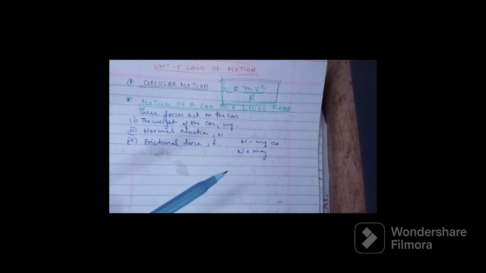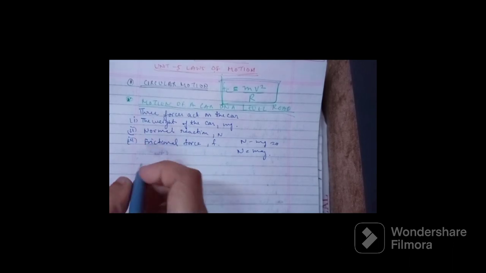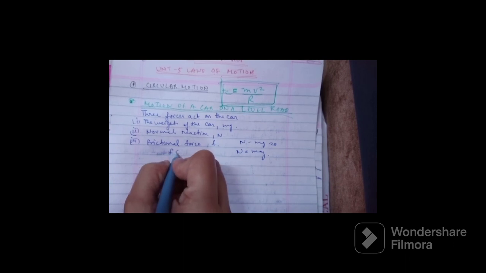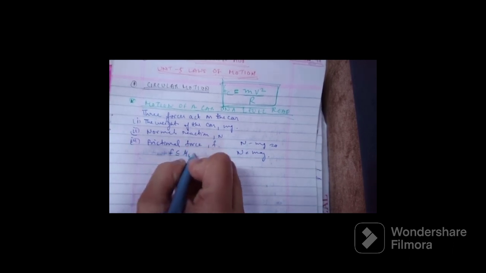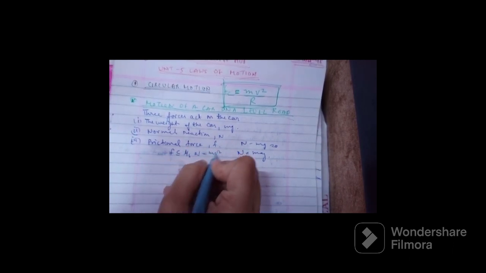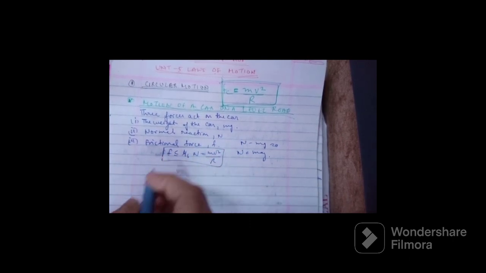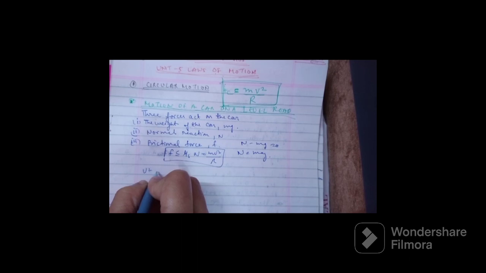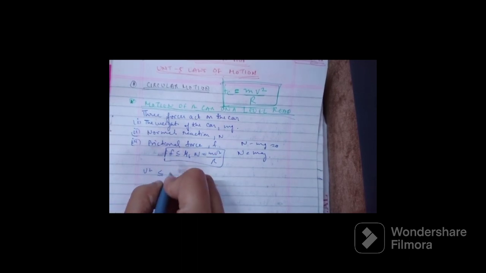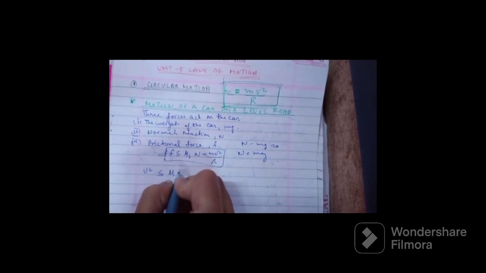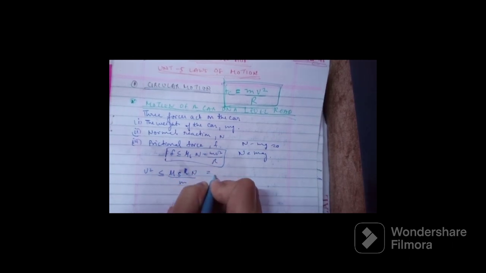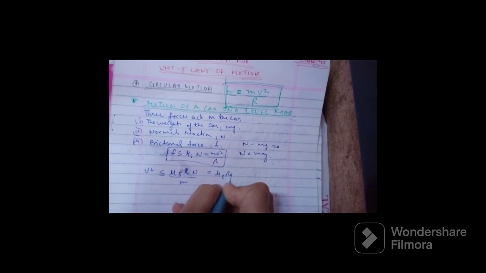Using this equation, the result we have is mu s N equals mv square upon r, so v square equals mu s r N upon m, that is mu s r g, which is independent of the mass.